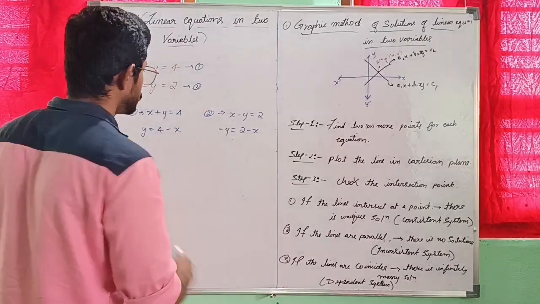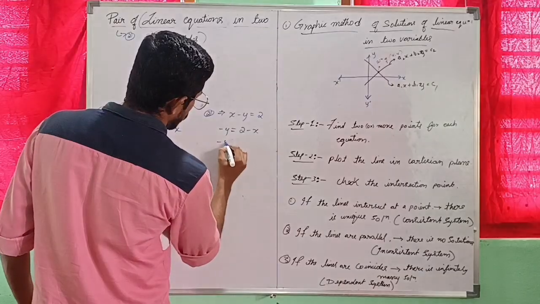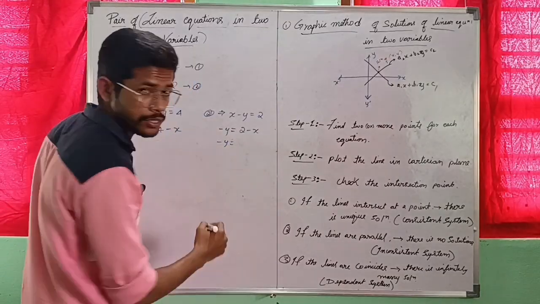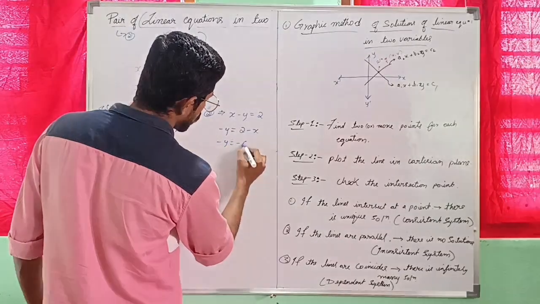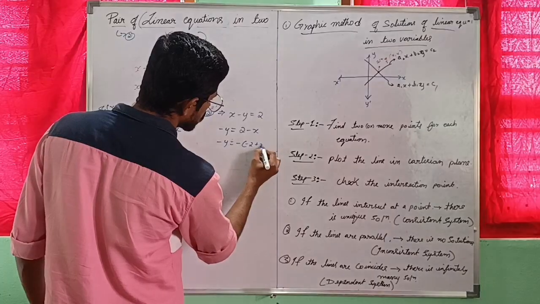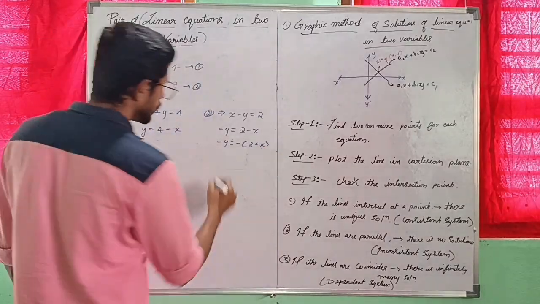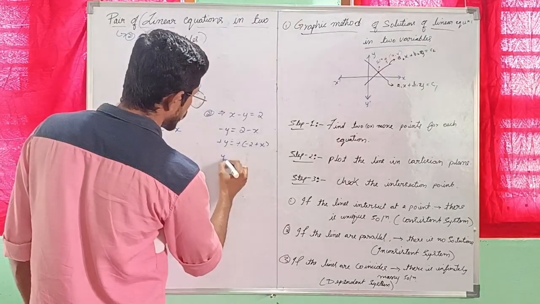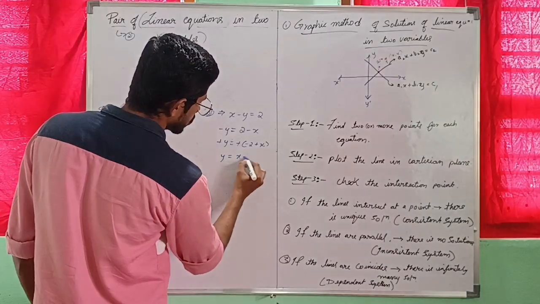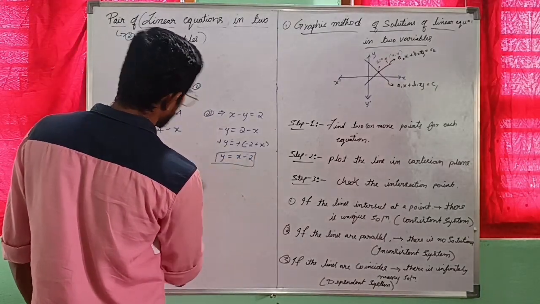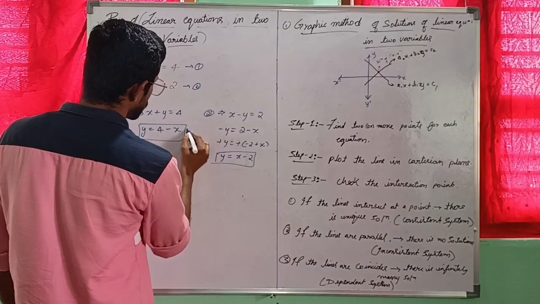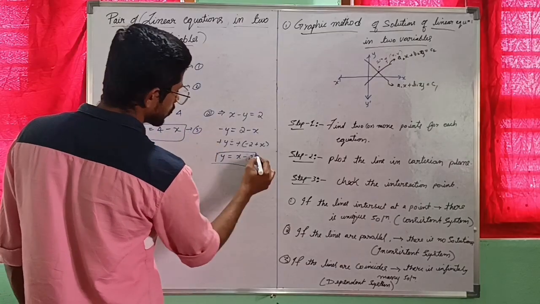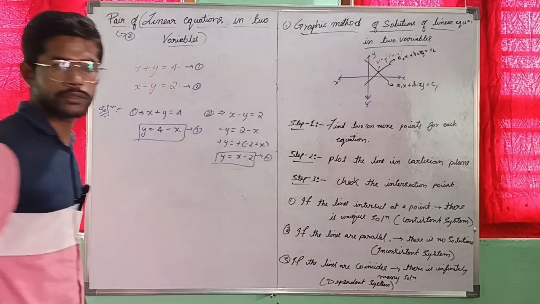Then I will take minus common on the right-hand side, it becomes minus 2 plus x, then this minus cancels. Then we get y is equal to x minus 2. So I will take this as equation 3 and this as equation 4.